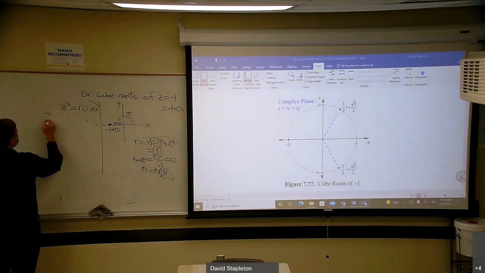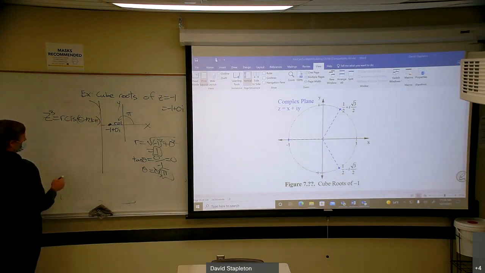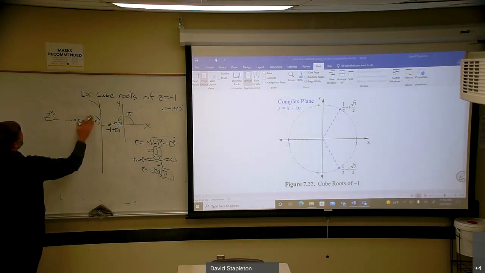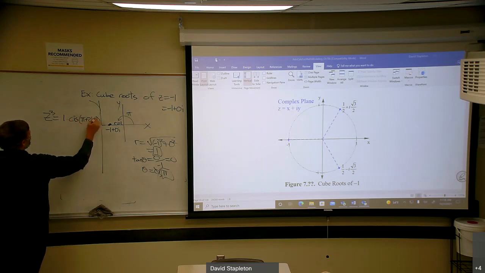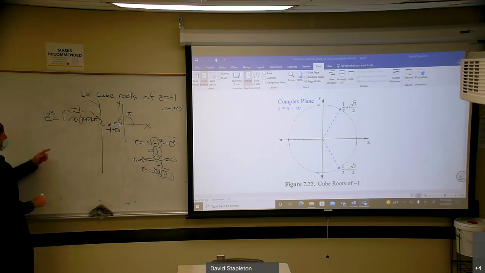And what you have to do here again is allow theta plus 2k pi, because these are all the same direction. So z cubed is this number, 1 times cosine plus i sine of pi plus 2k pi. There we go. So we want the cube of our roots to be equal to this, which is -1, right? It's just in its polar form.